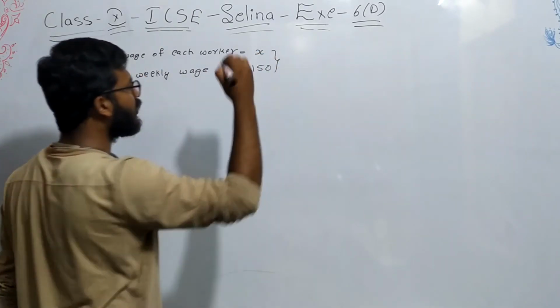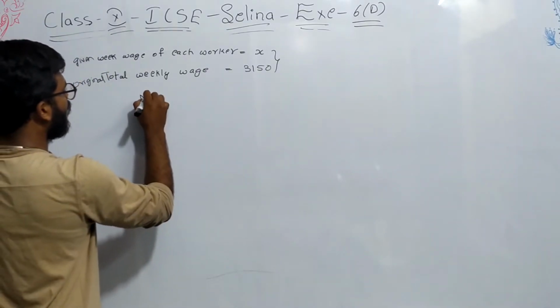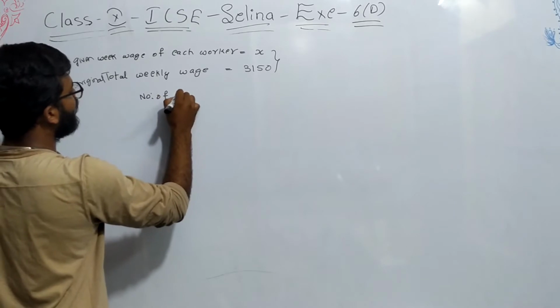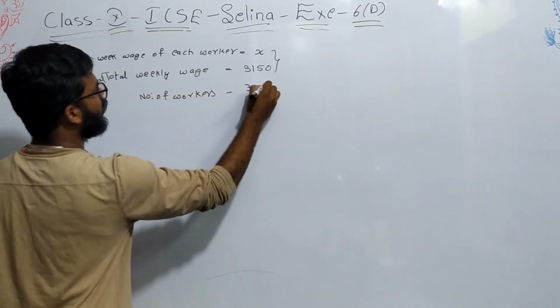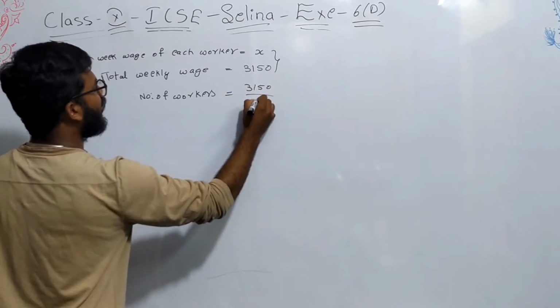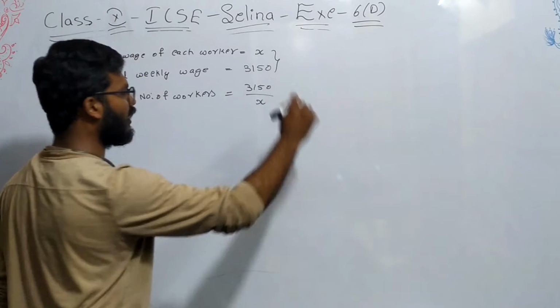So from these two, we can get the number of workers. Therefore, the number of workers at that time is the total money divided by the money of each, so 3,150 by x.